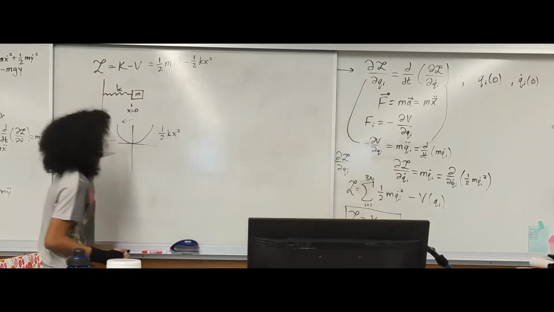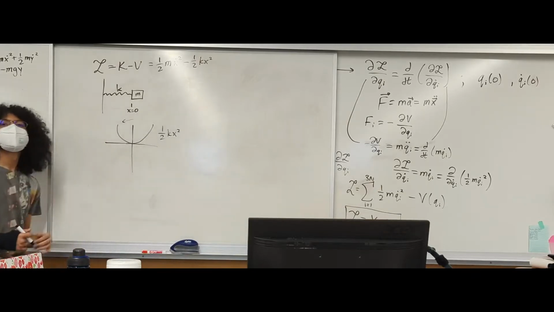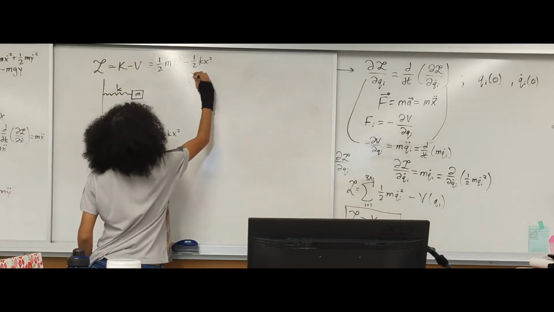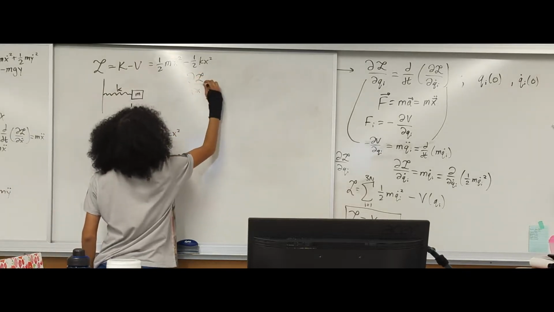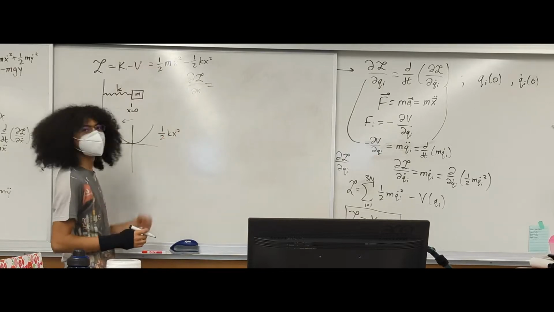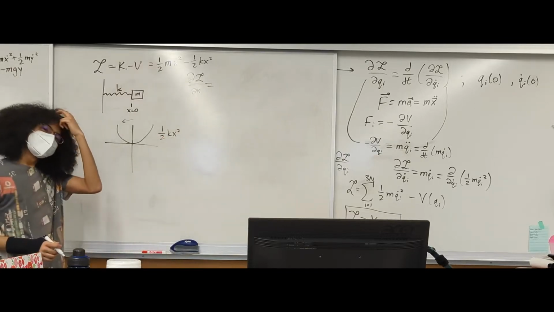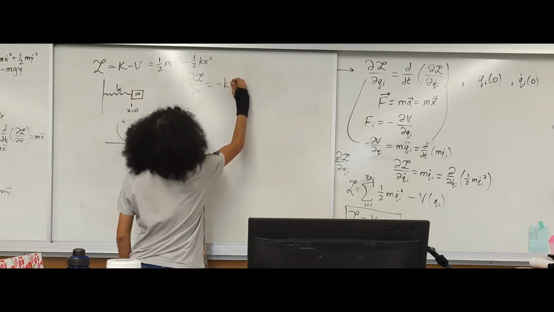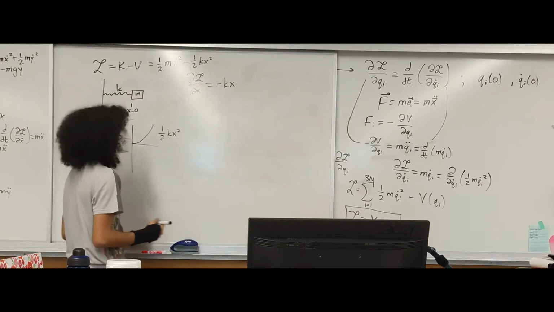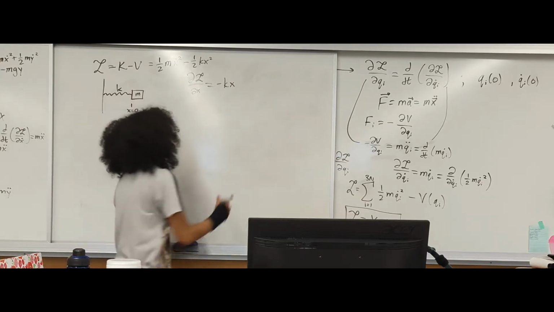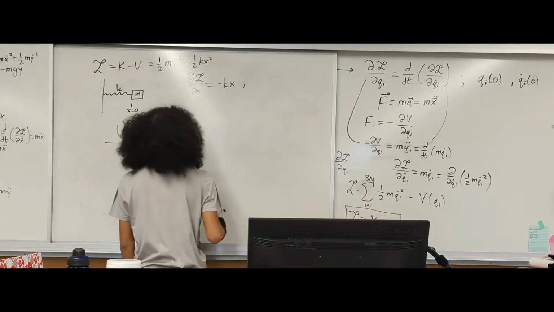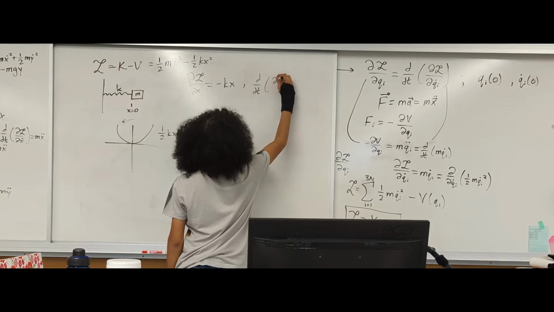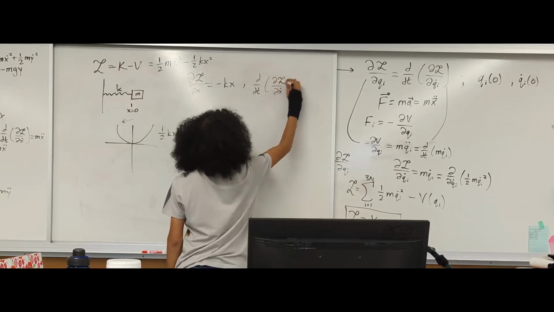So what do we get? dL by dx is, sorry, that's not true at all. It is negative k x. And then dL by d x dot is m x dot. So then d by dt is just m x double dot.